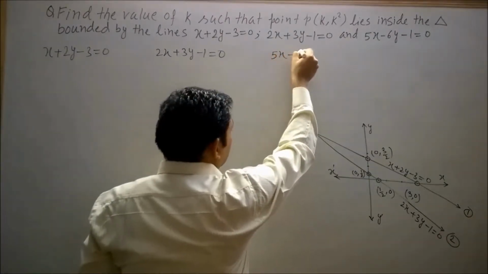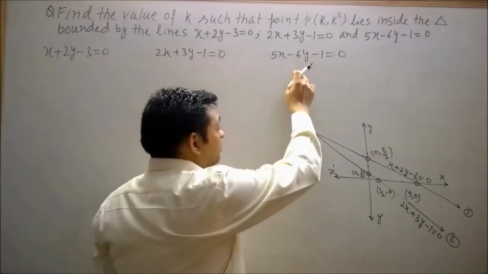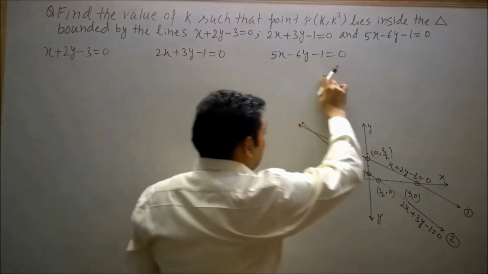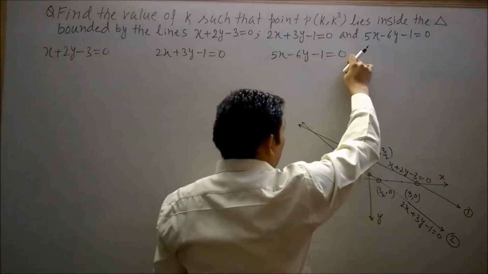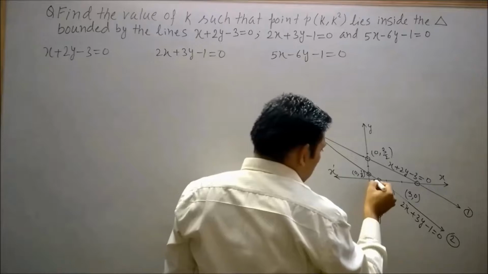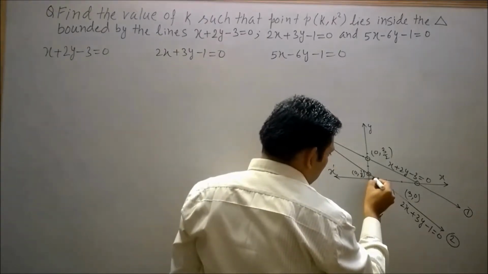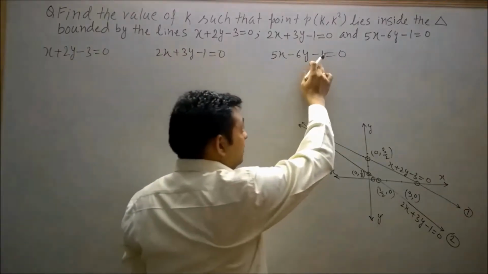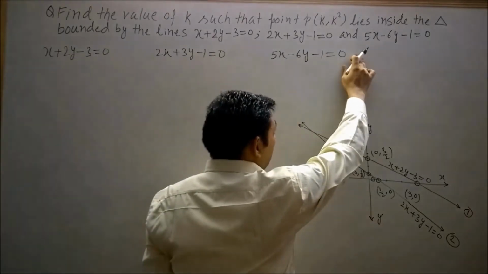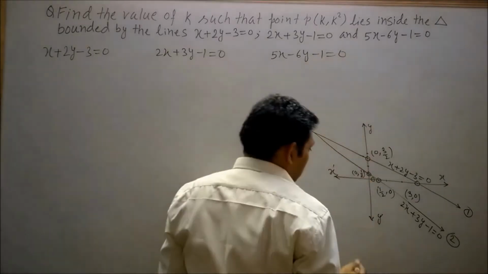5x minus 6y minus 1 equals to 0. If y equals to 0, then minus 1 become positive on this side and x will be 1 upon 5. Let's say this is the point 1 upon 5, 0. When x equals to 0, then this minus 1 become positive on this side. Then y will equals to 1 upon minus 6.